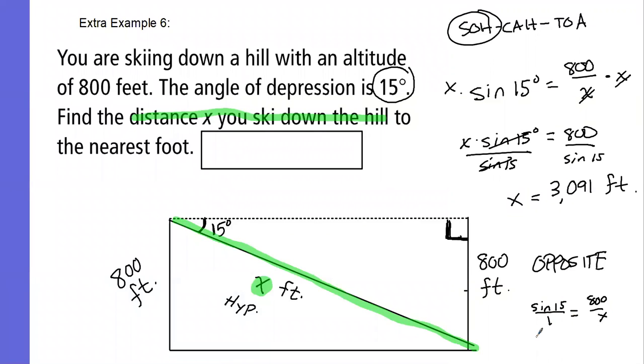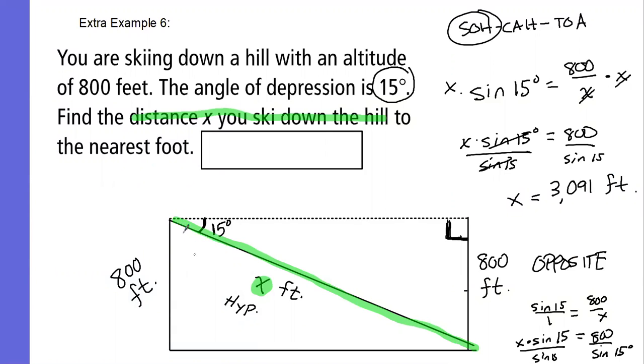So I have x times the sine of 15, and 800 times 1 is 800. Then divide both sides by the sine of 15 to get your x by itself. You're going to get the same answer, 3091.